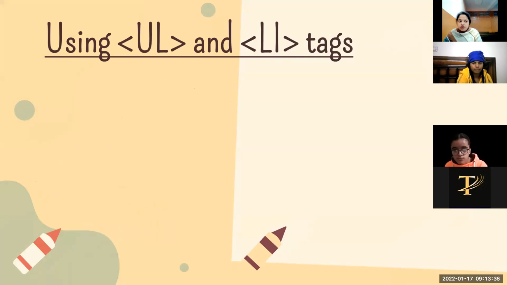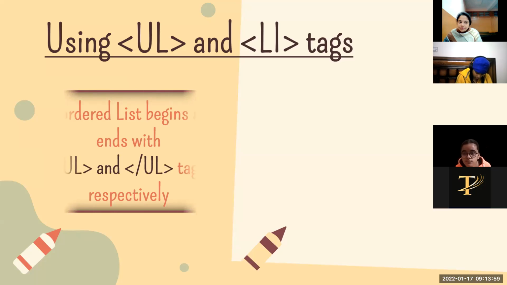Next, using the UL and LI tag. Bulleted list or unordered list is created by using the UL tag. UL, unordered list. Full form of UL is unordered list. This list is created by adding the UL tag, and it is a container tag.